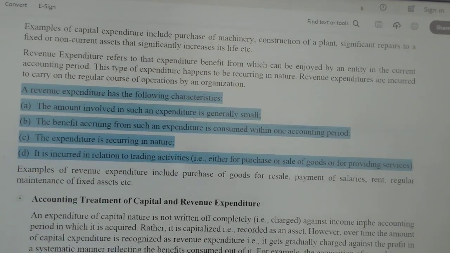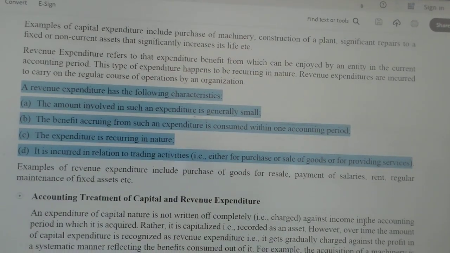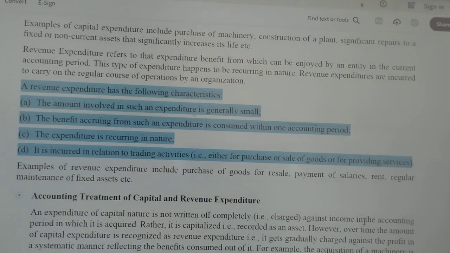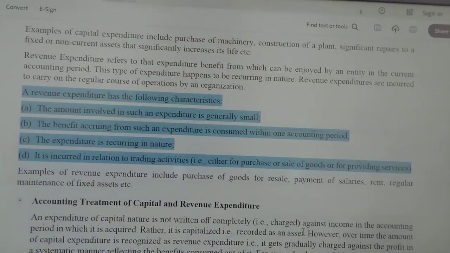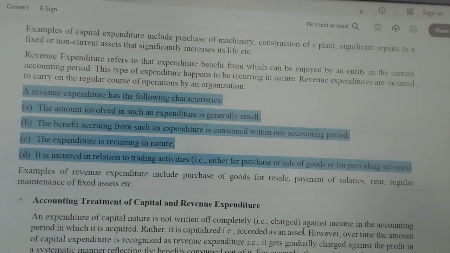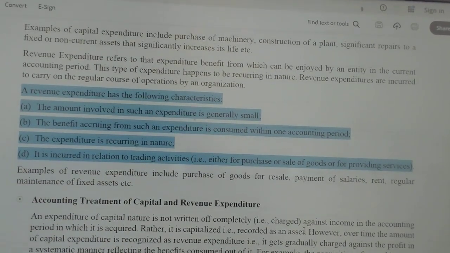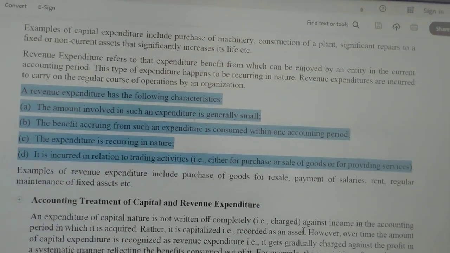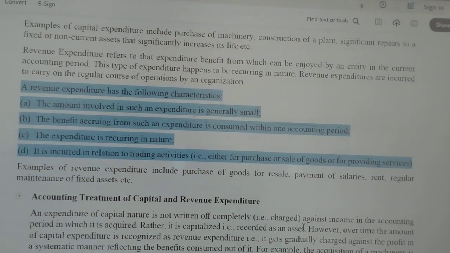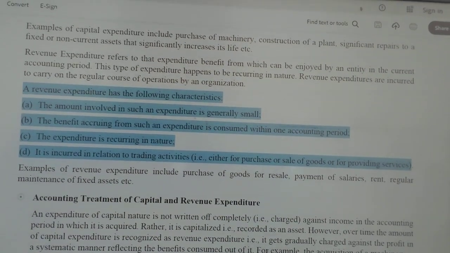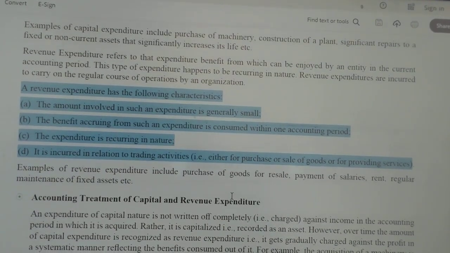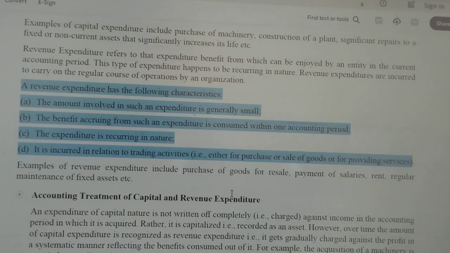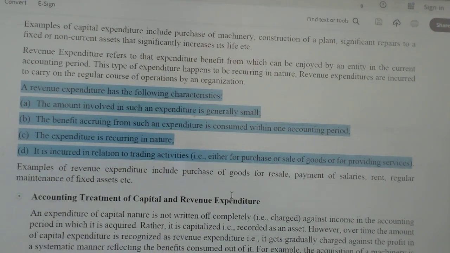The benefit lasts only for less than a year, say 2 months, 3 months, or 10 months. Third, the expenditure is recurring in nature, meaning it is incurred in the day-to-day activities of the organization. Fourth, it is incurred in relation to trading activities and the normal operation of the business, like salary payment, administration cost, and electricity payment.